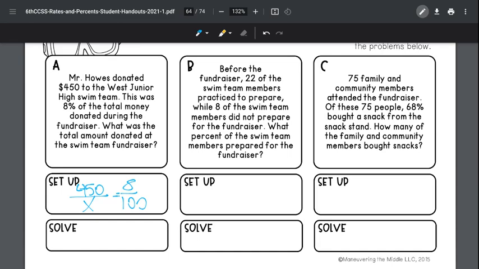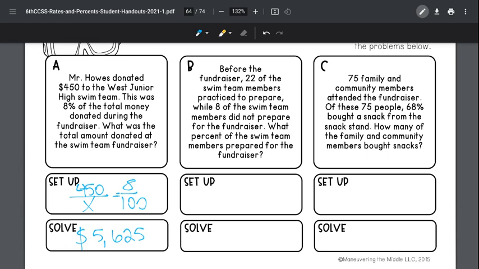So when we cross multiply and divide, 450 times 100, divide that by 8. Their whole money donated was $5,625.